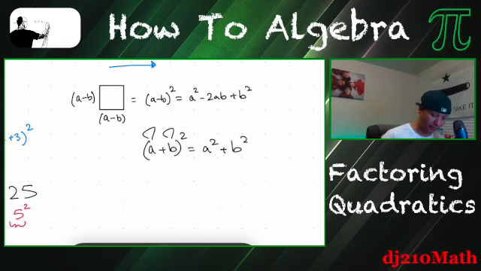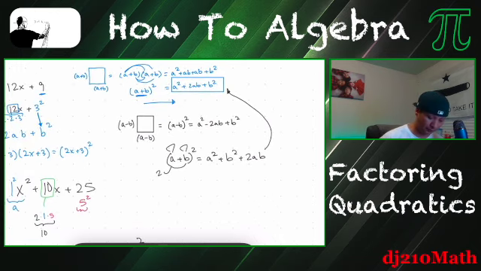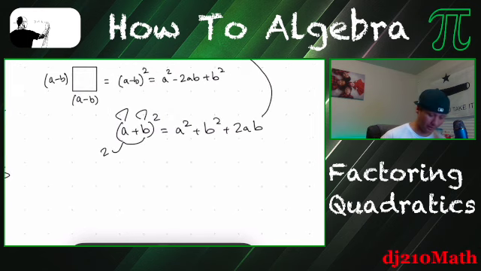2 times a times b. And that's literally what we have up here. It's just out of order, but it's all being added, so it really doesn't matter. And the same goes for, watch, you might have to rewind that a couple times, the same goes for a minus b.